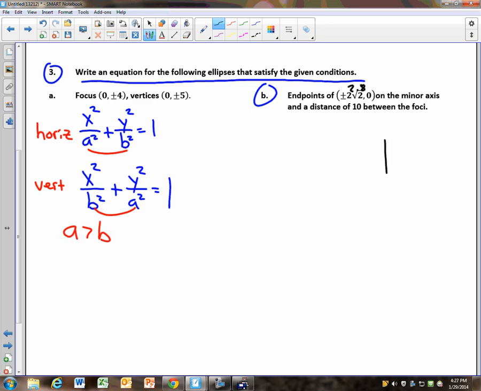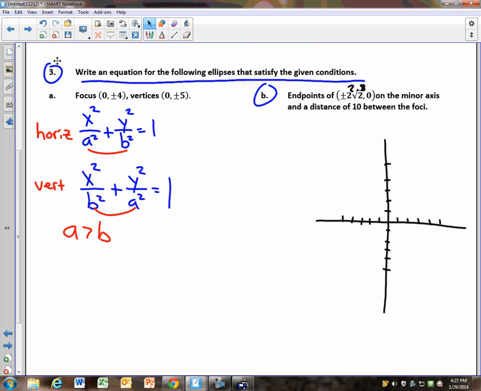So I'm going to draw a figure here. Here's what I know. The endpoints of the minor axis are 2.80 and negative 2.80.